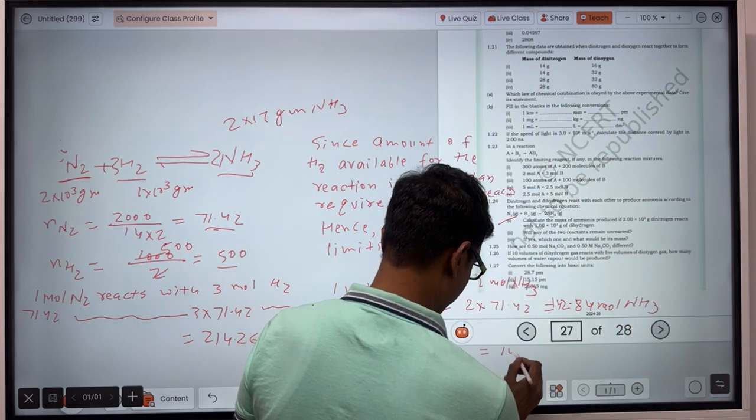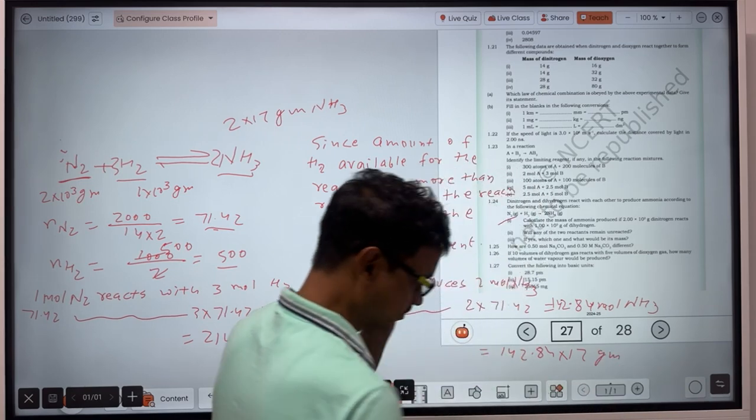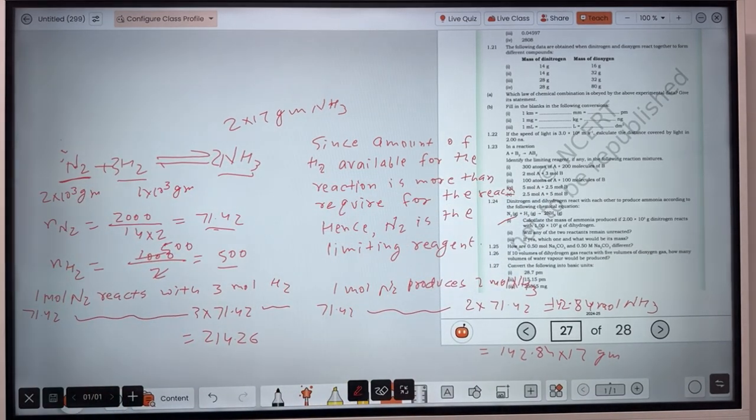So its mass will be how much? 142.84 into 17, that much gram. Either you do this or do it directly. 1 mole of nitrogen produces 34 gram of ammonia. By that also you can do it, or by first calculating the number of moles of ammonia produced and then multiplying by the molecular mass. Whichever you like, you can do it.